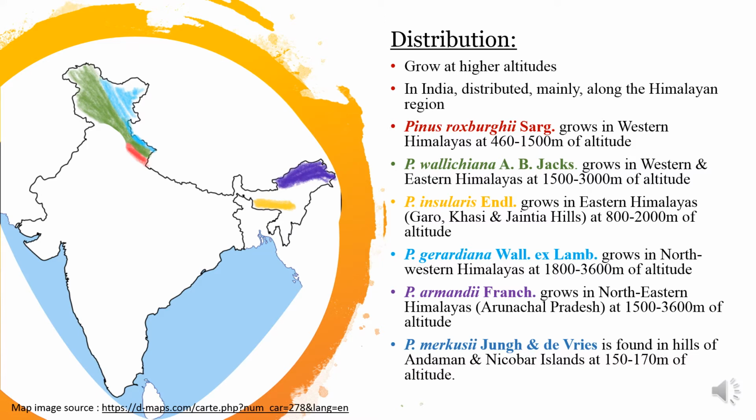It is also restricted to northeast Himalayas, especially Arunachal Pradesh at 1500 to 3600 meters of altitude. And the last one is Pinus Marcusi. It is a special species because it is found in hills of Andaman and Nicobar Islands at lower altitude, that is 150 to 170 meters, which is lower as compared to the other species.